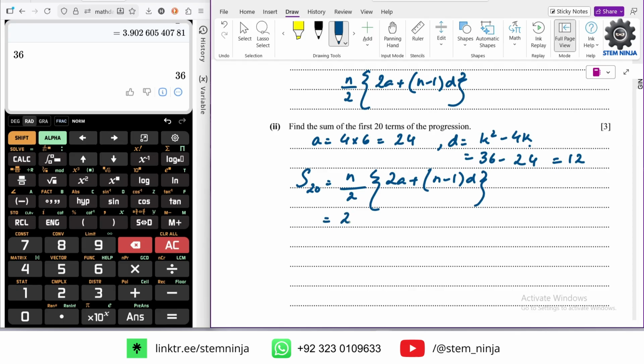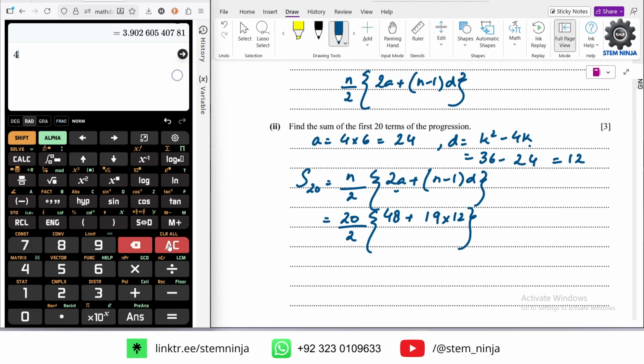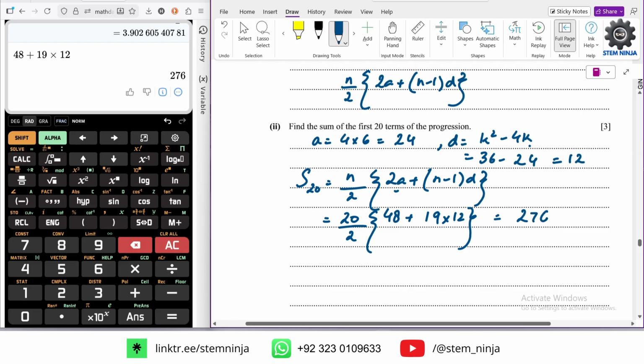So this would be 20 over 2, 2 times a, 48, plus 19 times d, which is 12. So 10 times 48 plus 19 times 12, this is 2760.